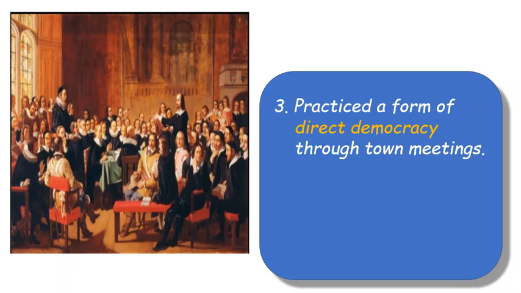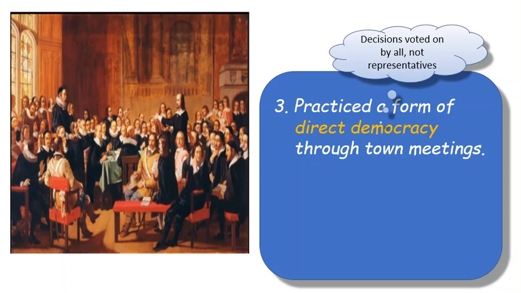Okay, and there they practiced a form of direct democracy. If you go all the way back to your World One class, you learned about direct democracy when you learned about the ancient Greeks, where decisions are voted on by all. It's not representative democracy where people elect representatives to vote.